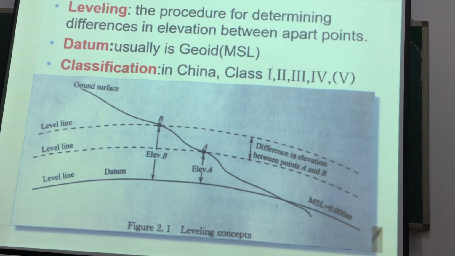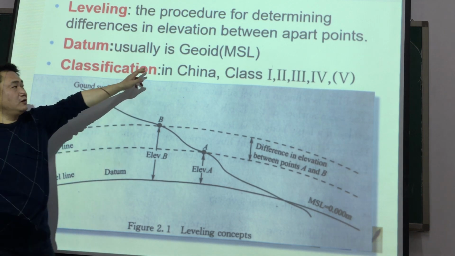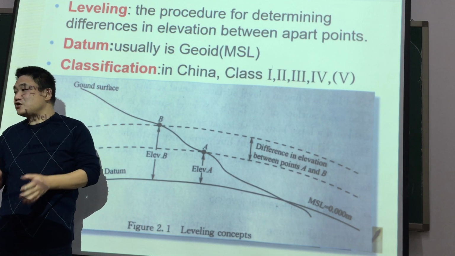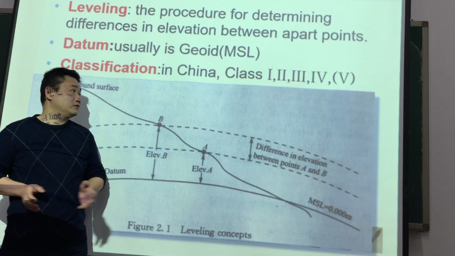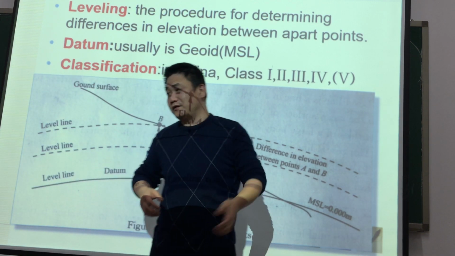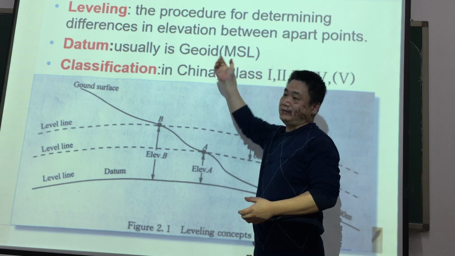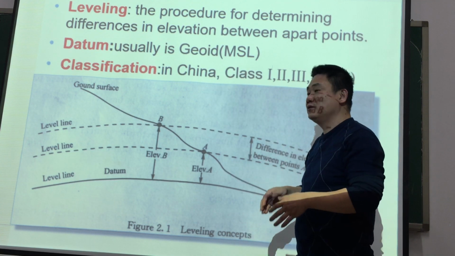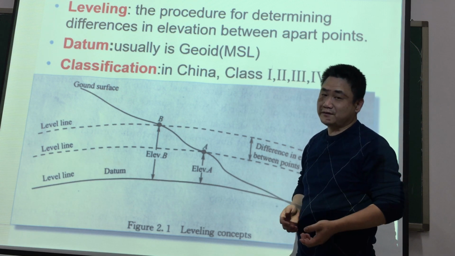But another point you must note: for different countries, the position of the geoid is different. Even in China, in different years, the position of the geoid is different from now, because many years have passed.